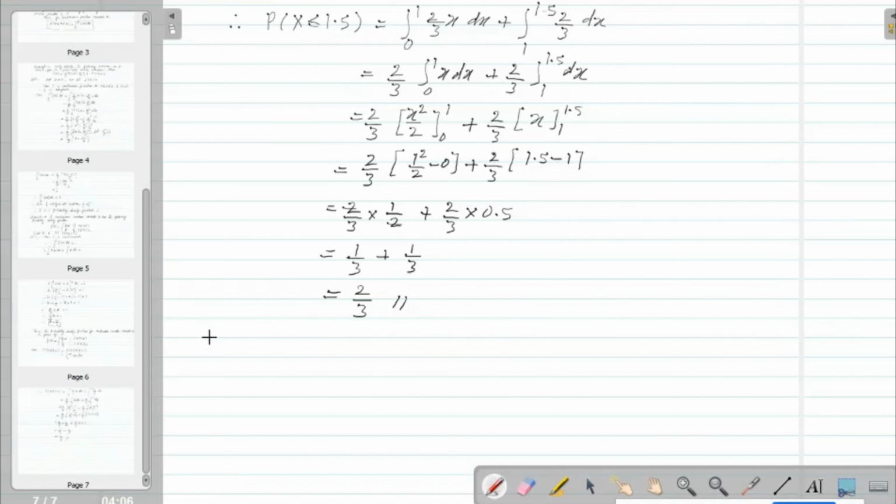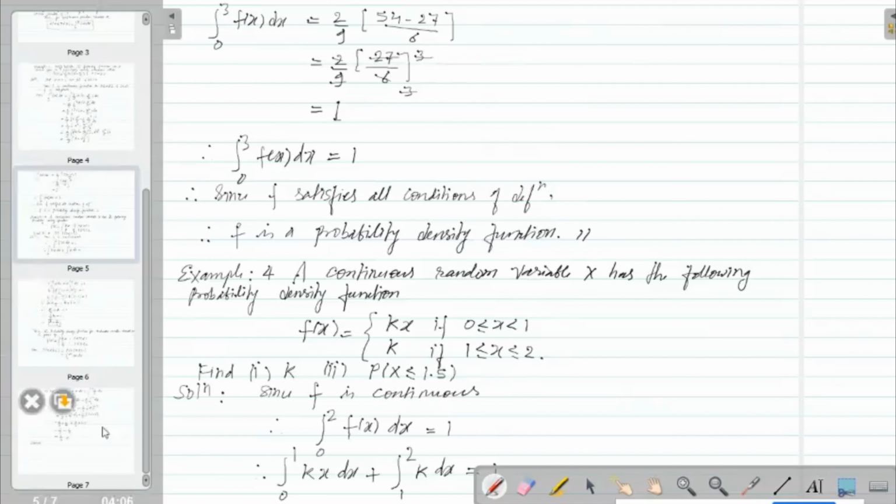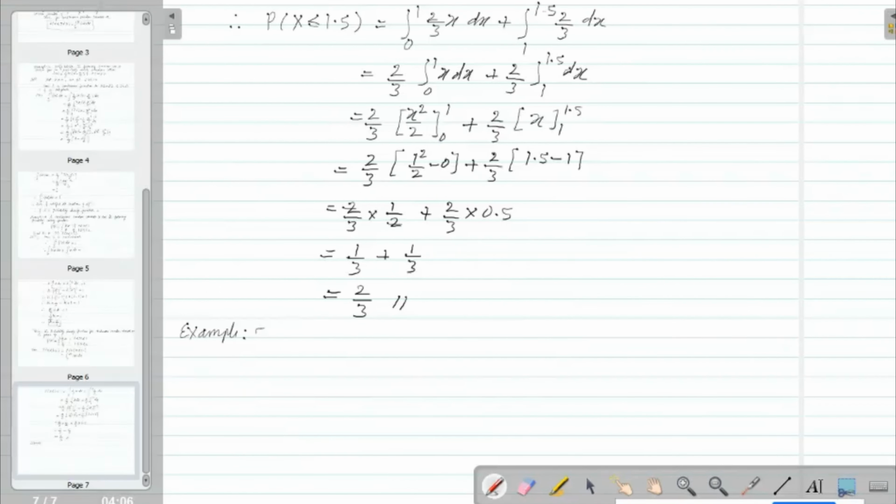Write down the problem. Example number how much? 5 or 6? 3, 4, and this is 5. Example number 5. Just write down.